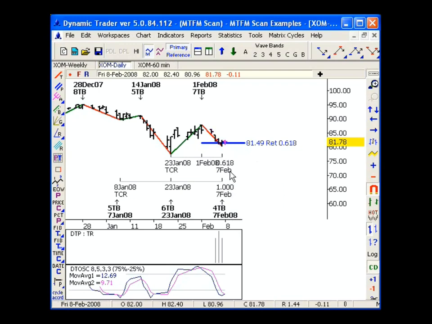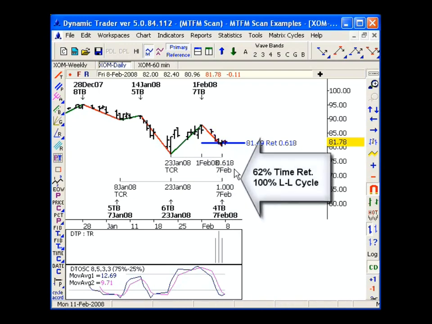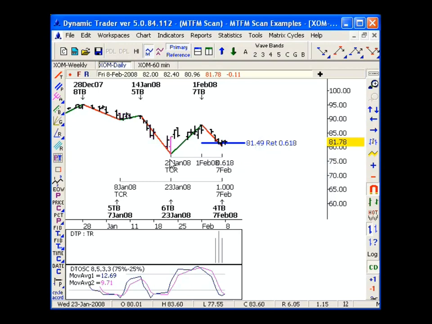You can hardly see that figure in here, but that's the 62% time retracement. It's also at the 100% low-to-low cycle from this momentum low on January 7th through the momentum low, which is also a price low, on January 23rd. 100% forward of that is February 7th.